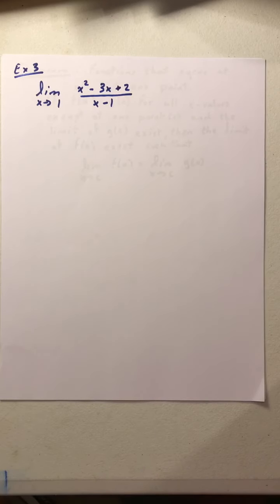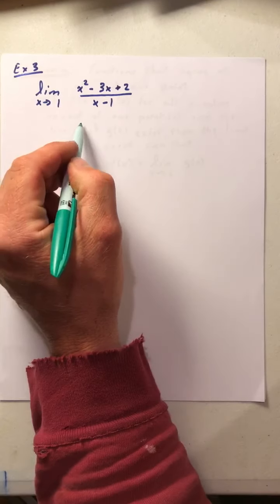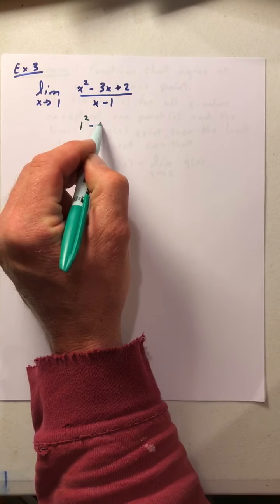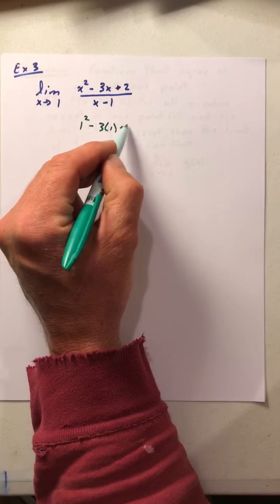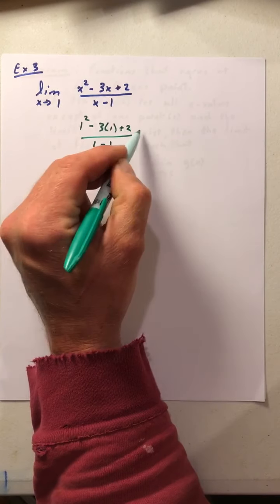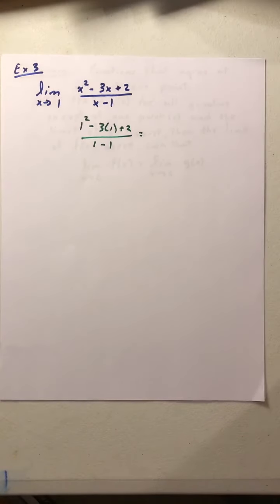So example 3. Notice we got a nice clean sheet of paper, so it's going to be a little more interesting, huh? So the limit as x goes to 1 of x squared minus 3x plus 2 over x minus 1. Here, if I do the plugging and chugging and plug in 1, we get 1 squared minus 3 times 1 plus 2 over 1 minus 1. That in your mind should trigger, uh-oh, we've got issues.